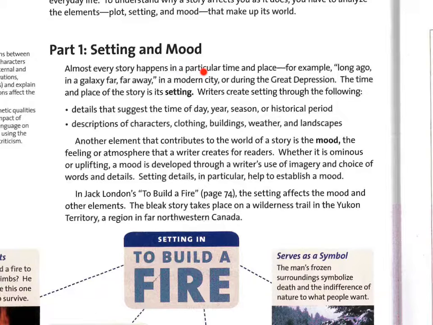In a modern city would be another example of a time and a place. During the Great Depression, so the time is the late 20s, early 30s in the United States, but also around the world. That could be the Great Depression. The time and place of the story is the setting. You guys see it? The time and place of the story is the setting.